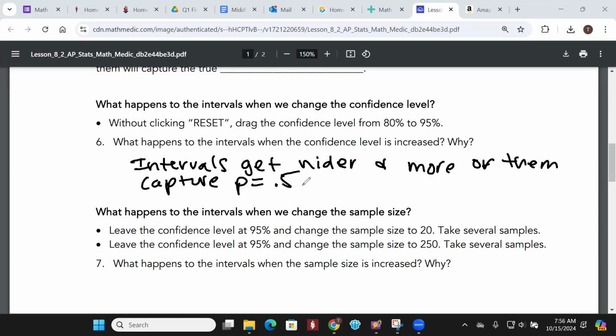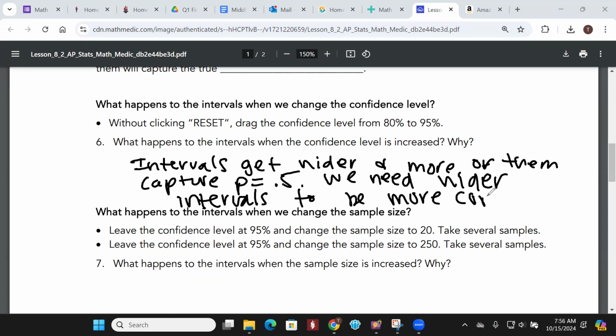So we need wider intervals to be more confident. So that's where the confidence level goes up, the margin of error goes up, because they're more likely to hit that true proportion.